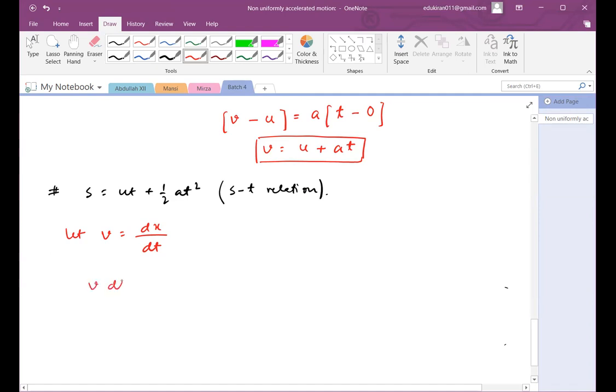It will be v dt is equal to dx. Now in this expression, there is no component of final velocity v. So just replace this term using the first equation of motion. So it will become u plus a times t, dt is equal to dx. Or you may break it further, so it will be u times dt plus at dt is equal to dx.